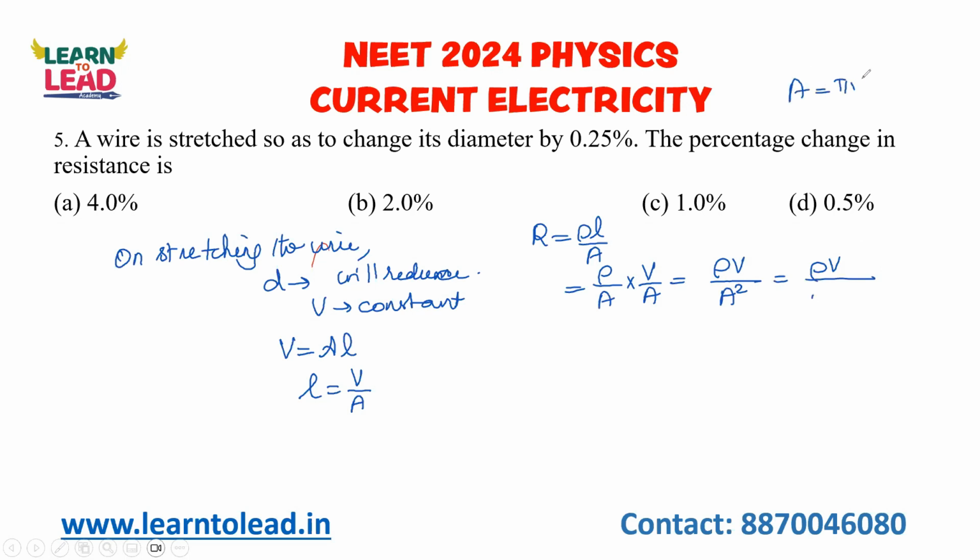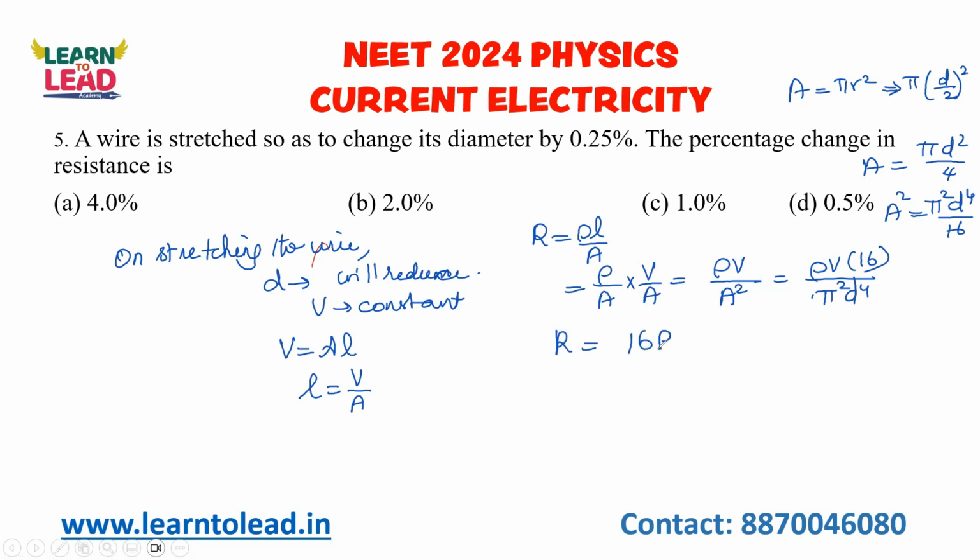If I want to write in terms of diameter, pi d by 2 the whole square, so pi d square by 4. This is area. When I need A square, it becomes pi square d power 4 by 16, right? You can take it to the numerator. So the resistance value will be 16 rho V divided by pi square d power 4.